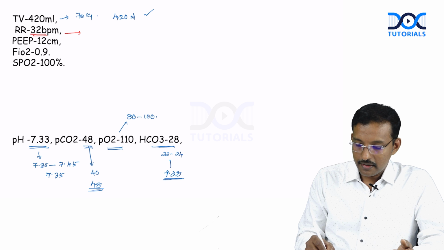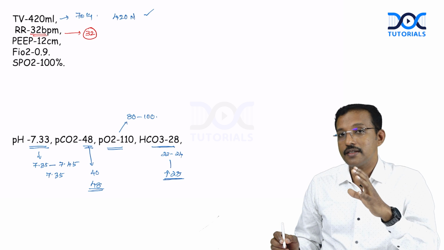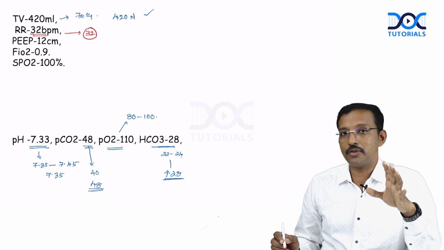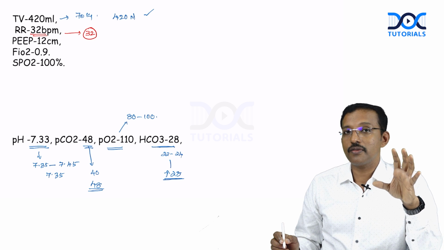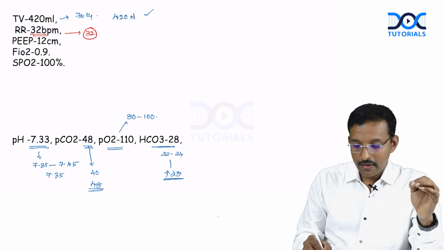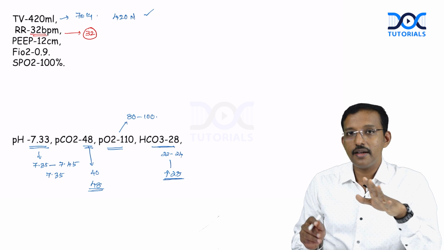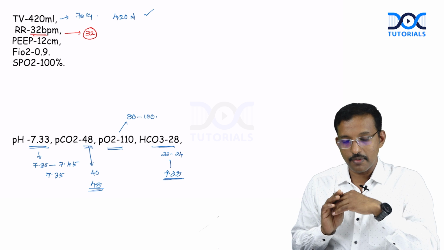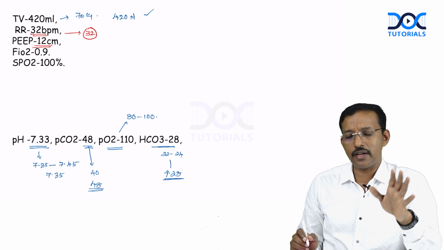Now, according to the recent guidelines, whenever the patient crosses 35, you have to think about supporting this patient, as the patient is going to fatigue and may need ventilatory support soon. Some books even say that 30 can also be considered. But in this scenario, the patient is reasonably stable and the PEEP of 12 is very reasonable. 12 to 14 is okay.